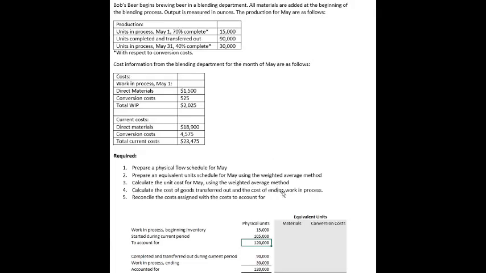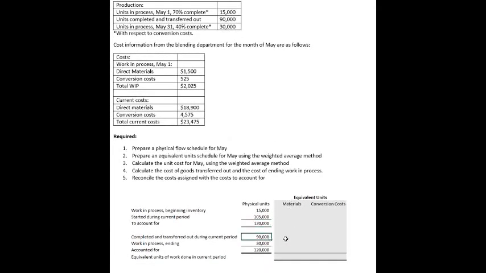So that being said, we look down here to calculate the equivalent units. If we've completed and transferred out during the current period 90,000 units, we make the assumption that 90,000 equivalent units have been completed in the month relative to materials and the conversion cost.